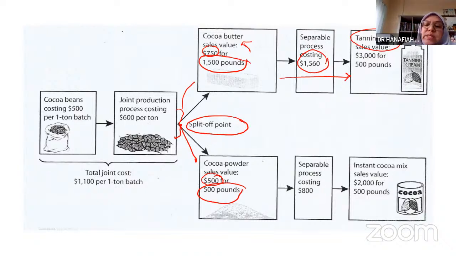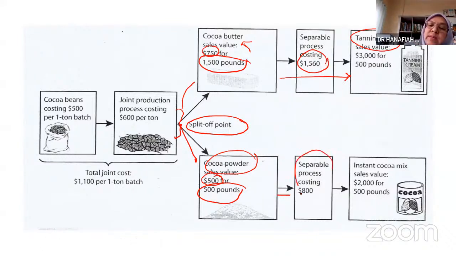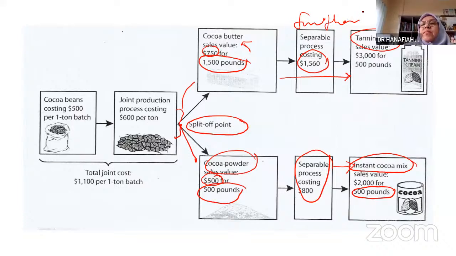It is good. The same thing happens to cocoa powder. If you want to continue and make more money, for example, you add another process, it costs you 800, and you can produce instant cocoa mix for 500 pounds. Okay? This is what we call further process.